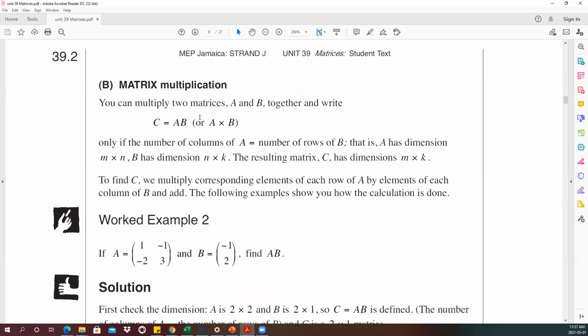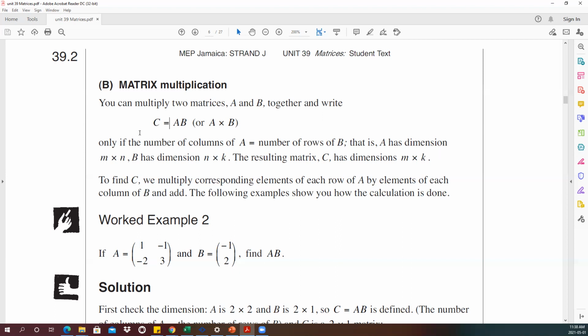You can multiply 2 matrices, A and B together, and write C equal AB, only if, and this is very important, only if the number of columns of A is equal to the number of rows of B. That is, A has dimension M by N, B has dimension N by K, right? So the resulting matrix C has dimension M by K.